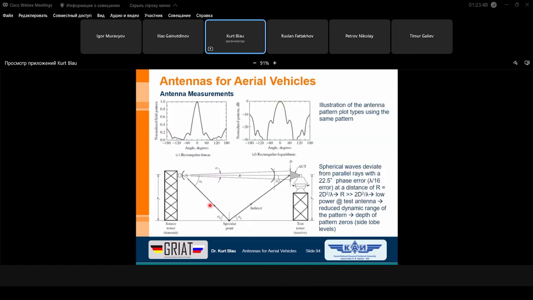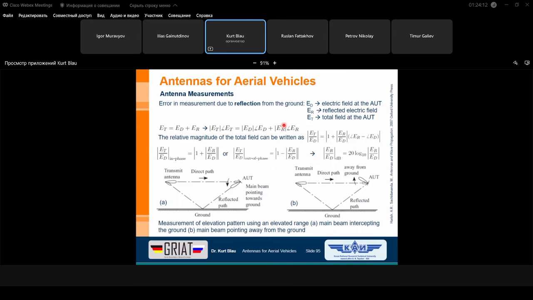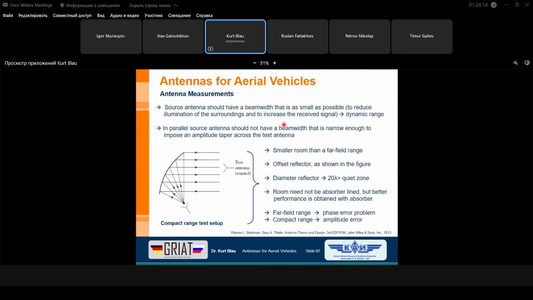To show this again, look here. Let's say the opening angle should be in this range for illuminating our compact range reflector. Then you can see over this angle we have a very large variation of magnitude. This is one of the reasons why we speak now about a problem in the compact range.